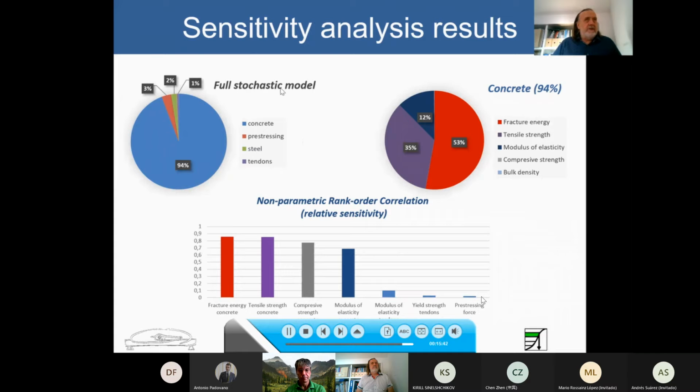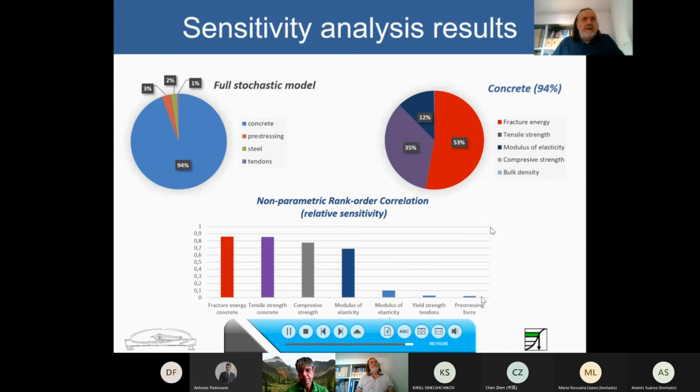For the full stochastic model, we can see that the blue, the concrete, is mainly the main contribution, on the prestressing steel and tendons, and the influence of the concrete. So the major influence is fracture energy and then tensile strength here, right?